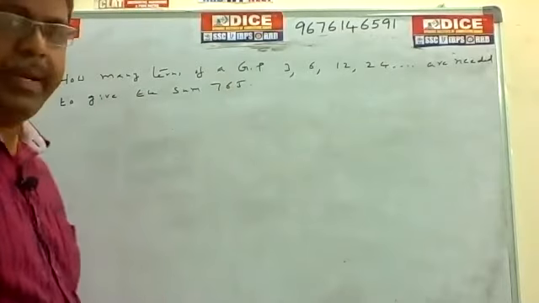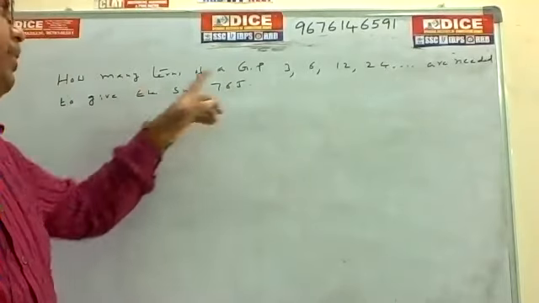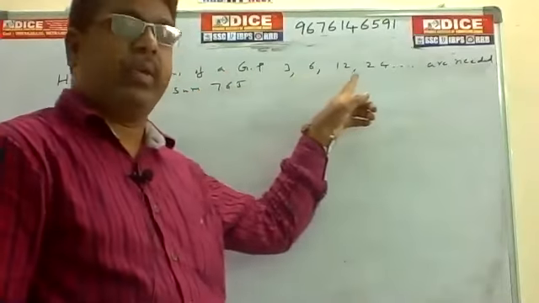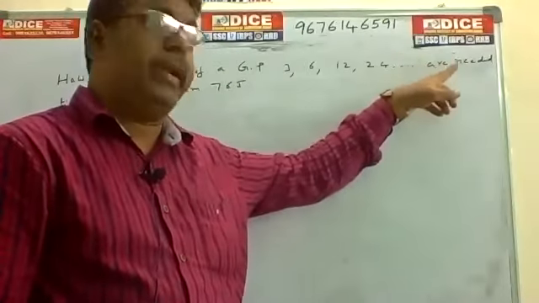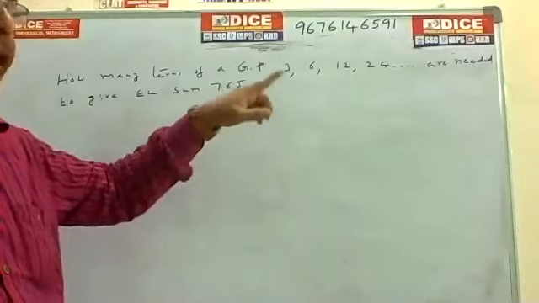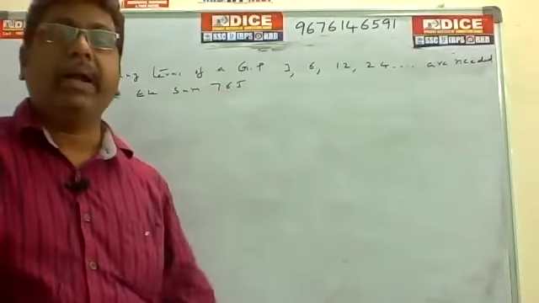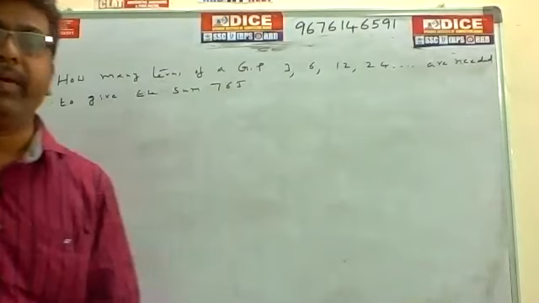How many terms of a GP 3, 6, 12, 24 and so on are needed to give the sum 765? We have to find the n value.